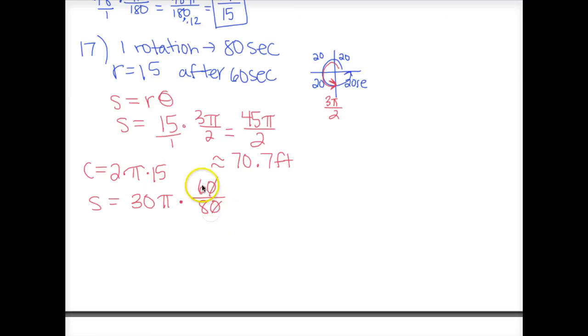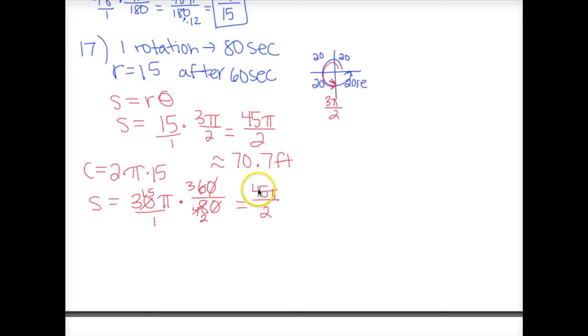Obviously, the zeros cancel. Both 6 and 8 are divisible by 2, so that gives you 3/4. This is over 1. So then you could reduce the 4 and the 30. They're both divisible by 2, so 2 and 15. And then note that we get the exact same thing. We get 45 pi on the top. We get 2 on the bottom. So again, it does not matter which way you choose to do this.